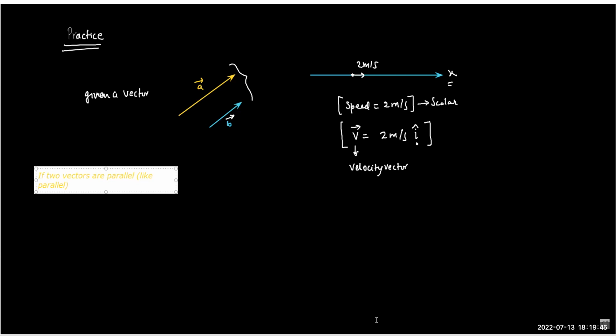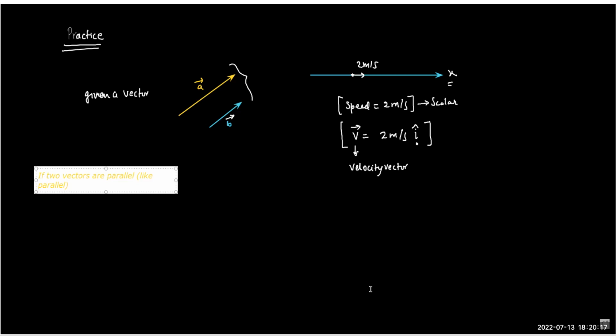Now, can we say that the magnitude must be the same? No, sir, not necessary. Exactly. We have no guarantee of length, but do we have a guarantee of direction? So if two vectors are parallel, then what must be the same? Direction. And what may be the same?